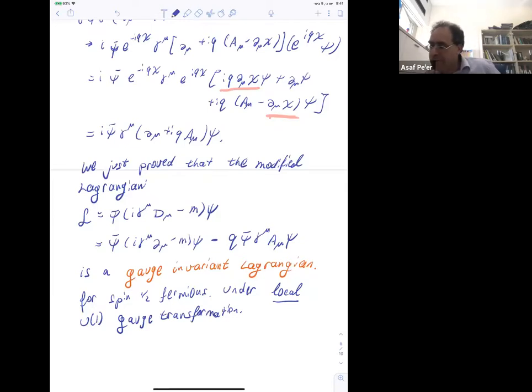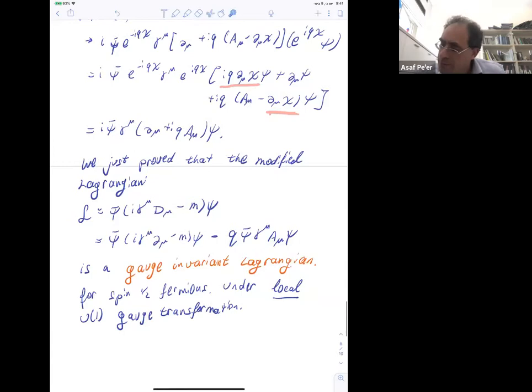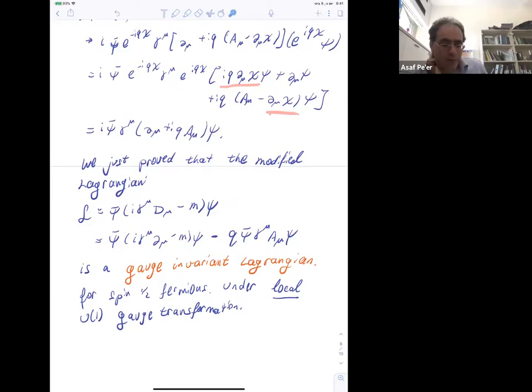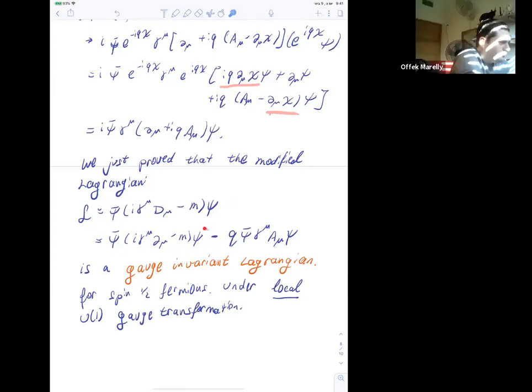So what do we have here? Well, now we look at the Lagrangian. So we have two terms. What is this term? The first term. The regular Lagrangian, the global variant. What does it represent? This is a free particle, right?